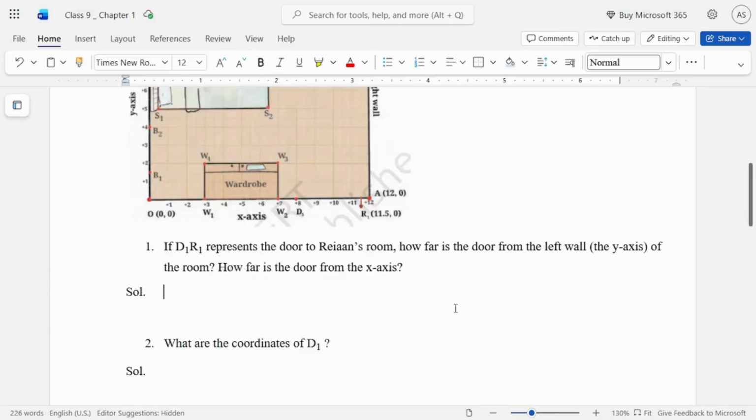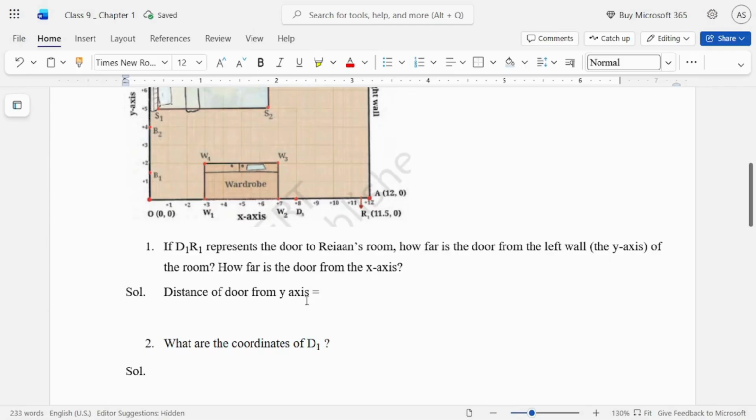First question, if D1R1 represents the door to Rian's room, how far is the door from the left wall of the room? How far is the door from x-axis? So this is point D1R1 on this image. So we have to find the distance of this door from y-axis as well as x-axis. To answer the first part, distance of door from y-axis, point D1 is at 8 comma 0, right?